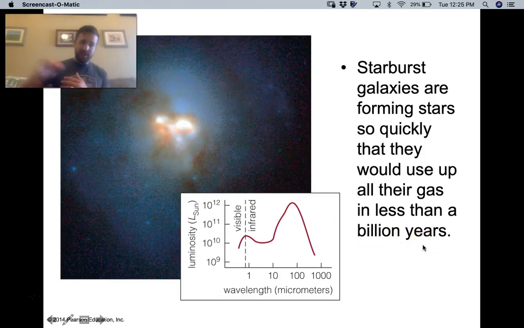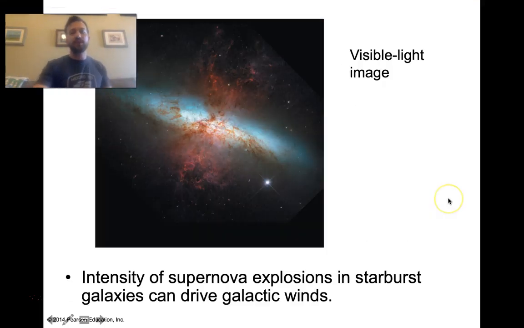And we see these guys really far away because they died very quickly. They only lasted about 1 billion years. So that's what a starburst galaxy is. Very quick star formation, using up all their gases, only lasts 1 billion years. Those are the three things you need to know about starburst galaxies, okay?